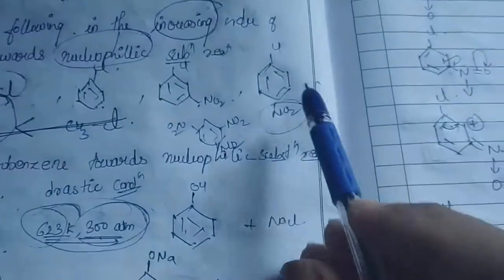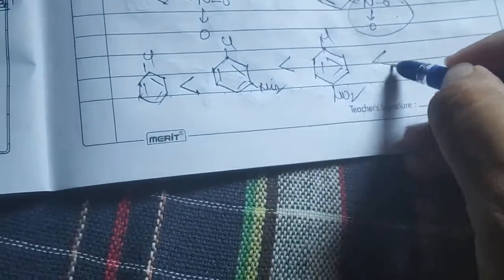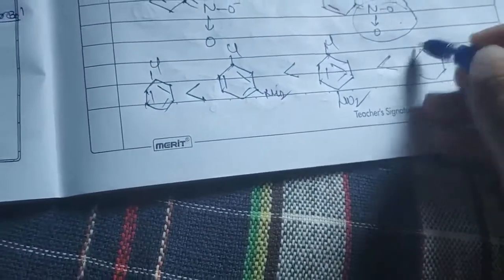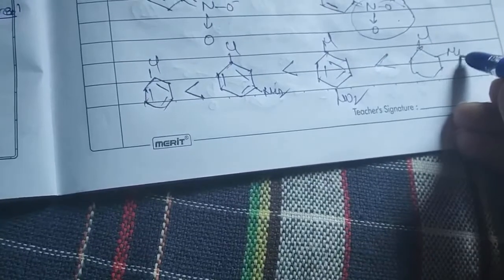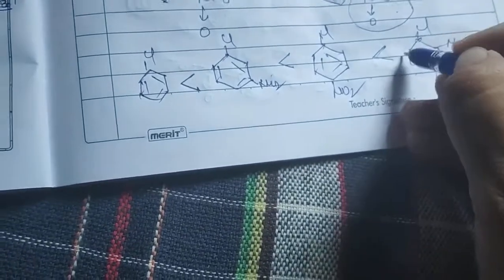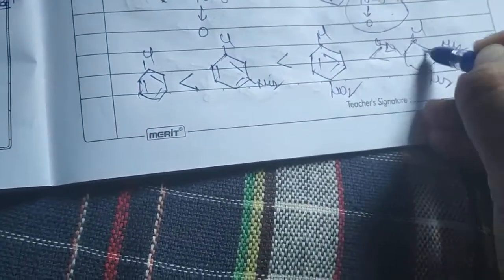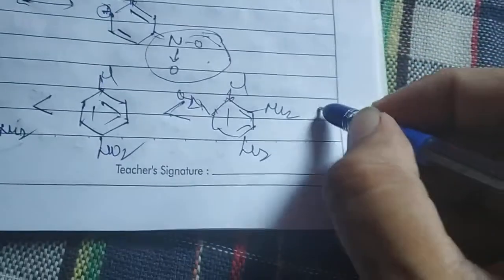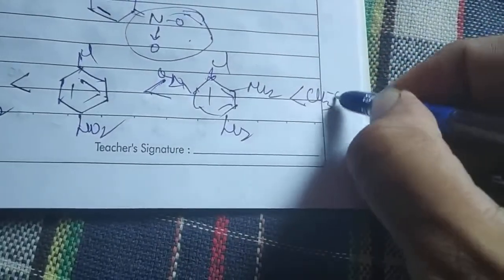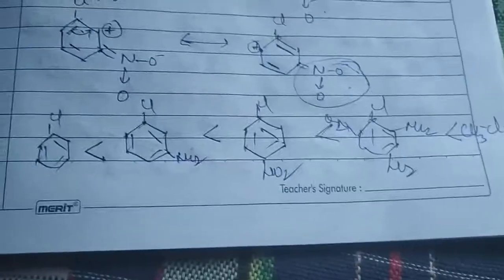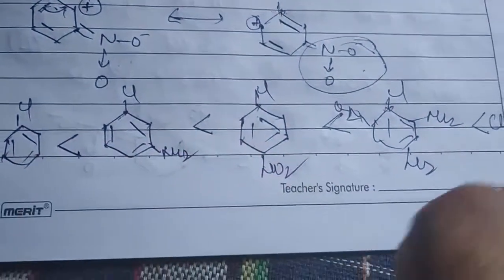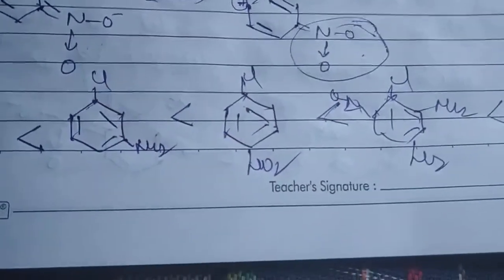Then I can write the highest among these for 2,4,6 trinitrochlorobenzene. But the highest overall will be our haloalkane, CH3Cl. So in order to understand this, whatever we have learned today is very much important.